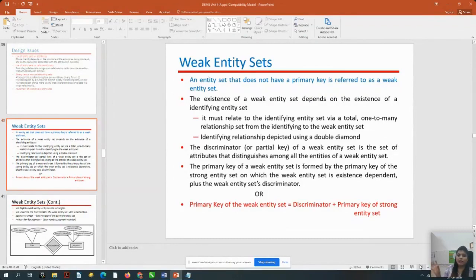In that particular entity set, the attribute that distinguishes from the other attributes would be termed as the discriminator, plus the primary key of the strong entity set. So the combination of these two attributes will form the primary key of the weak entity set.